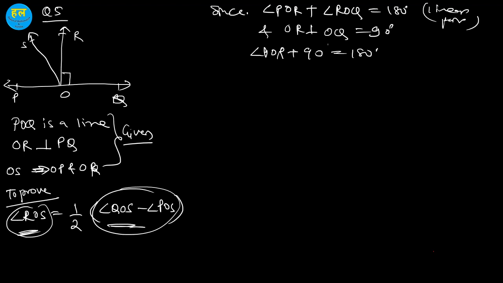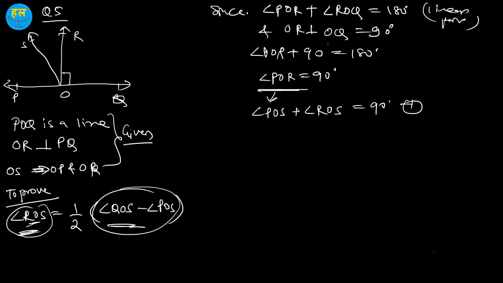Therefore angle POR is equal to 90 degree, or we can write angle POR as angle POS plus angle ROS is equal to 90 degree. So you can see here that we want ROS and we want POS. This is what we get here.